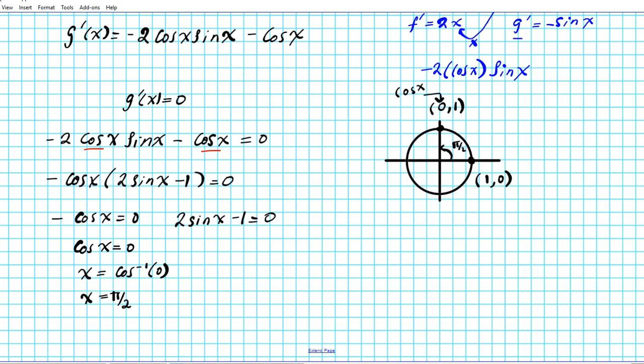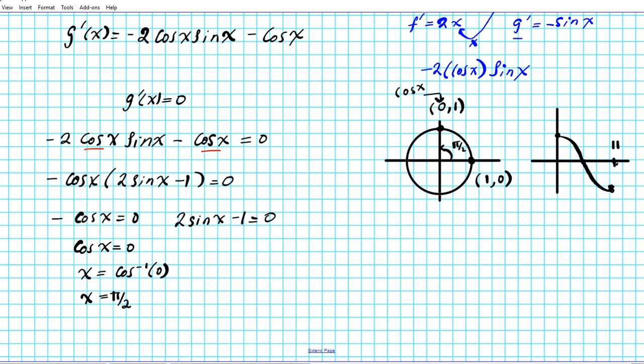If you wanted to use the cosine curve, that will work also. You just sketch your cosine curve. It looks like a nice little cup. I'm going to go to pi over 2 because that's the restriction on our domain. Actually, I went past that, all the way to pi.